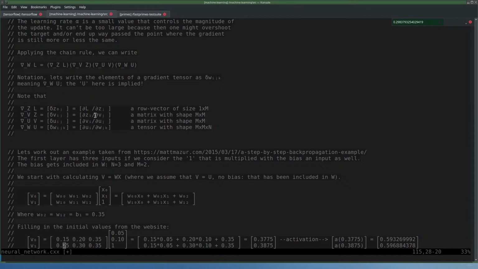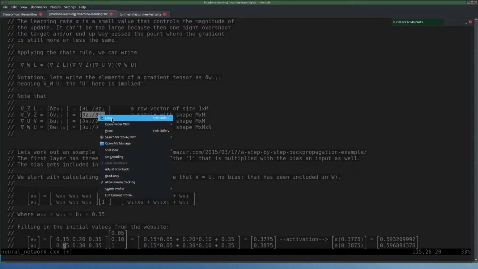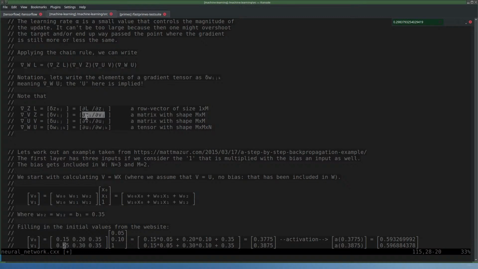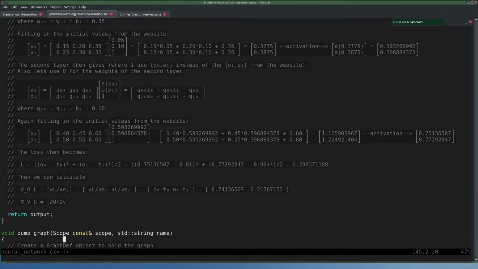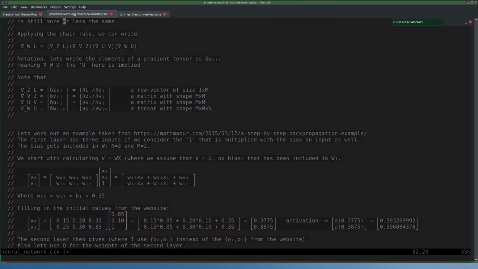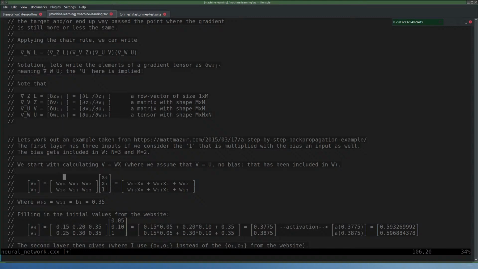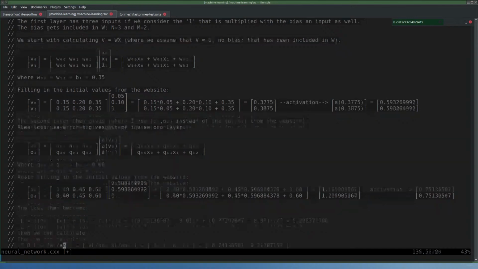This is C divided by V. This is L divided by Z, and then we get Z divided by V. Here we have L divided by O, and now we get Z divided by V. And this one was L divided by Z. I keep forgetting that. L divided by Z, yeah. So the Z has changed into an O.